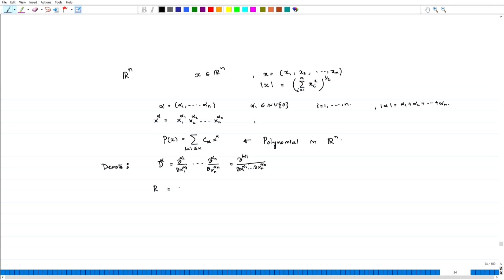R is equal to the product over j from 1 to n of the intervals [a j, b j].